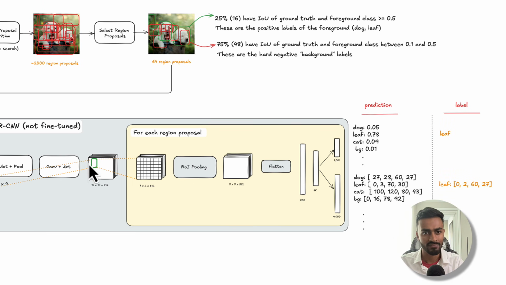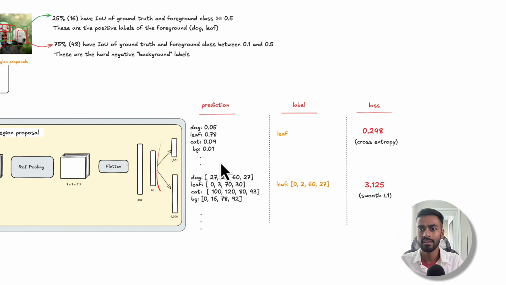Let's say that when we map this leaf to the feature map space, you get a 7 cross 2, and we're going to map this to 7 cross 7, flatten it, make predictions, and the predictions look like this now. Here the prediction is 0.78, and the label is a leaf. If you do a cross entropy loss, which is like negative log 0.78, you might get something like 0.248 as your cross entropy loss.